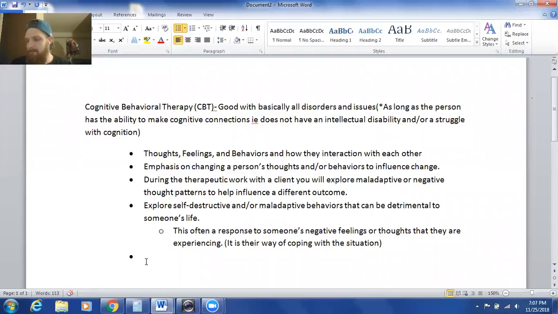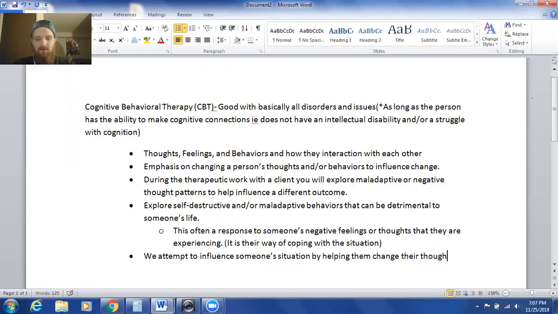So CBT, we attempt to influence someone's situation by helping them change their thought patterns to influence their behavior.